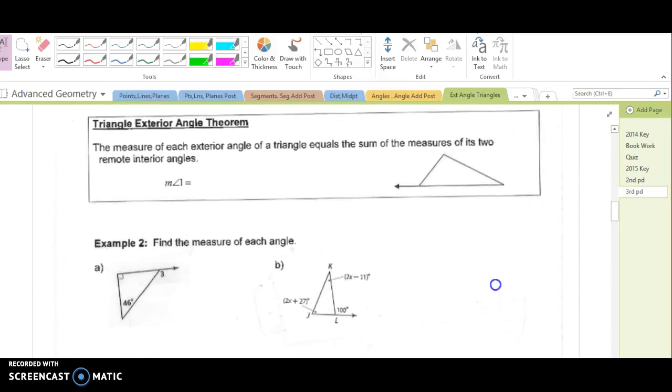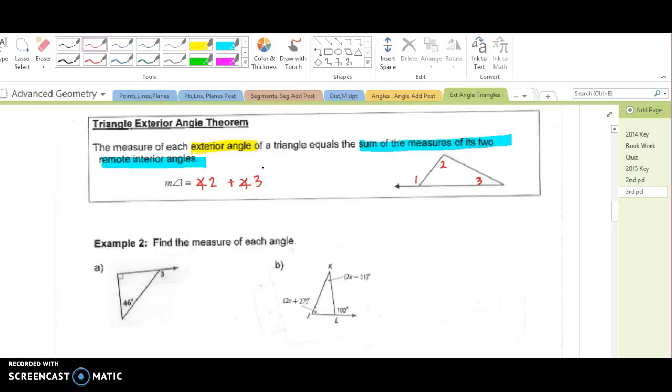Alright, so the triangle exterior angle theorem says just what we just figured out in our investigation: the exterior angle of a triangle equals the sum of the measures of its two remote interior angles. So if this is angle 1, this is angle 2, and angle 3, then angle 1 equals angle 2 plus angle 3.